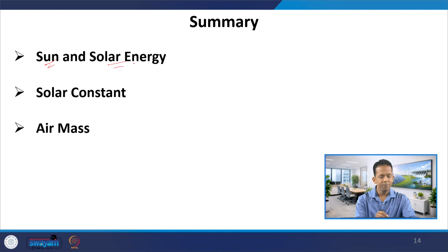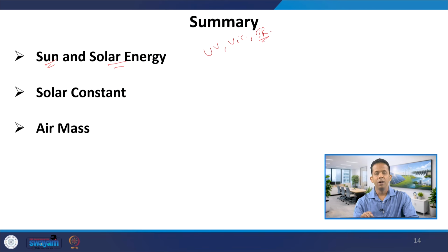Then we looked at solar energy or solar radiation, and its composition in terms of UV, visible, and infrared. We also discussed how infrared radiation can be absorbed by the greenhouse gases, and is responsible for global warming or climate change.